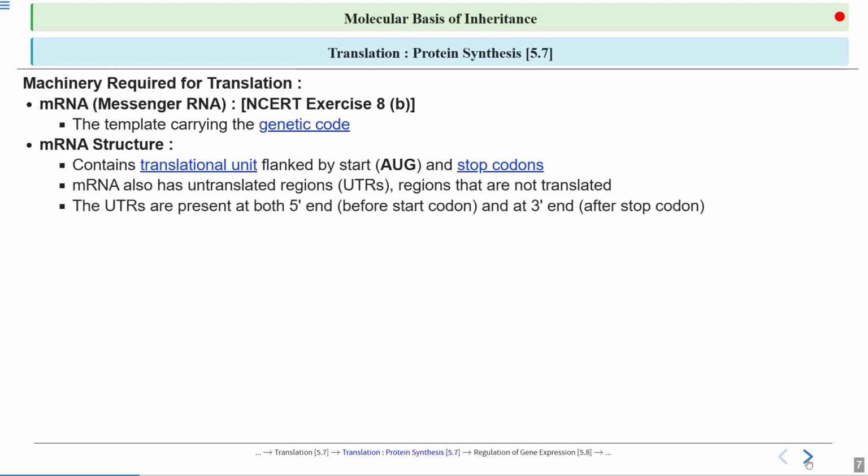The UTRs are present at both the 5' end, which is before the start codon, as well as at the 3' end, which is after the stop codon. These UTRs are important for translation efficiency. Means this region is not going to be translated, but it is important for the translation efficiency.